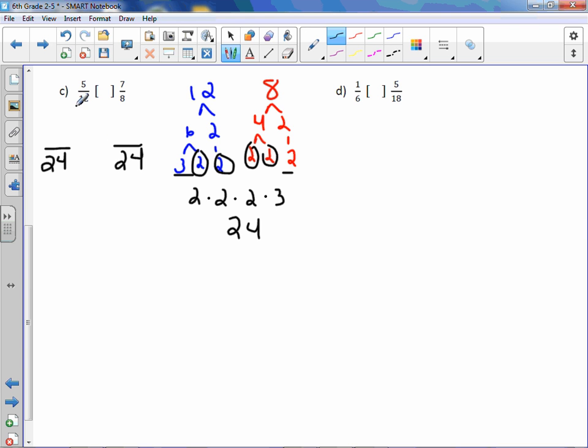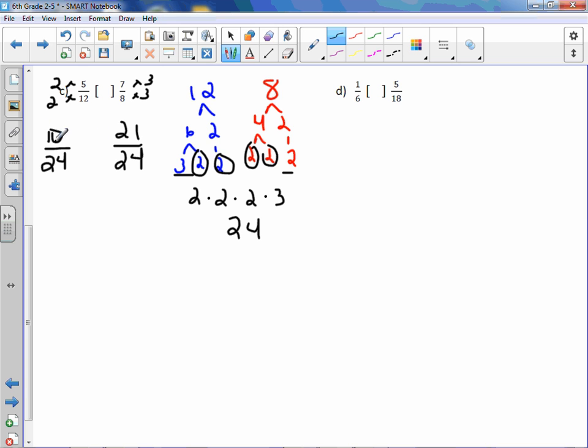And how do you get from 12 to 24? You multiply by 2. Do the same to the numerator. 5 times 2 is 10. To get from 8 to 24, we multiply by 3. So we do the same to the numerator. We multiply by 3. 7 times 3 is 21.